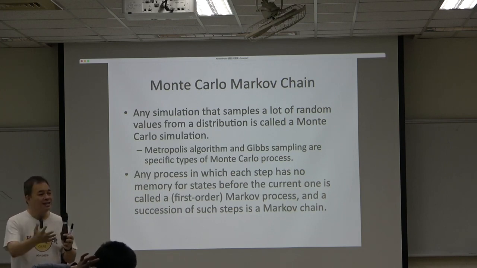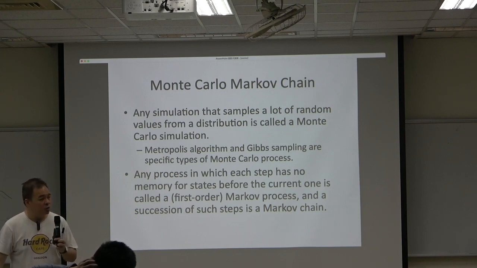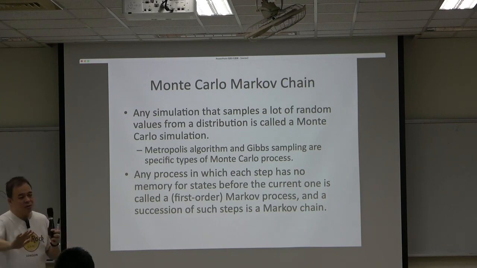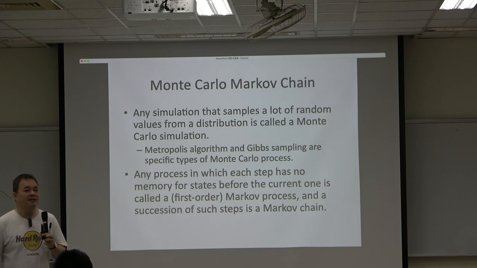That's what the Metropolis algorithm is doing. But for Gibbs sampling, every time you jump, you just change one dimension. The other dimension values remain the same. So it's a very special sampling technique, but relatively easy to understand.